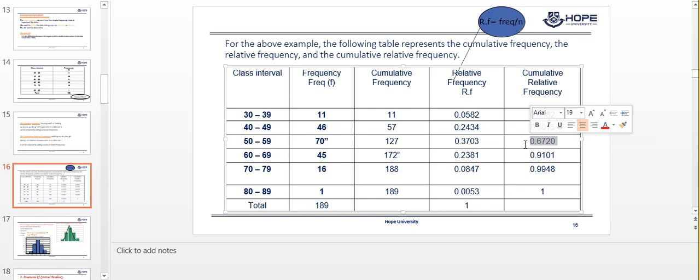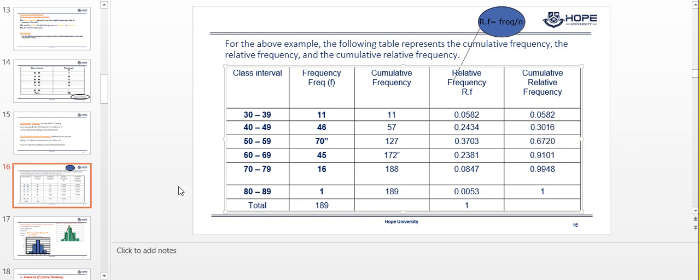We add this number to this number and get this number. In cumulative relative frequency, we keep adding as we go down, compared to the relative frequency, all the way to the end.